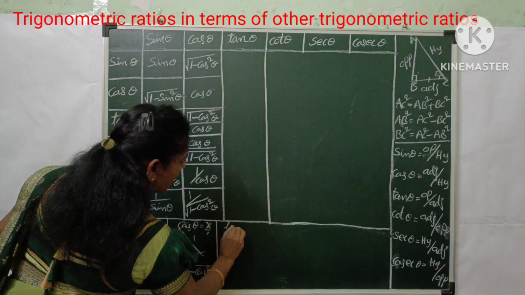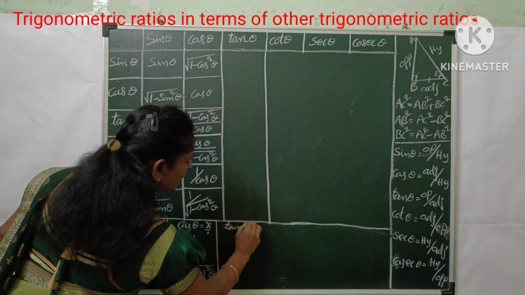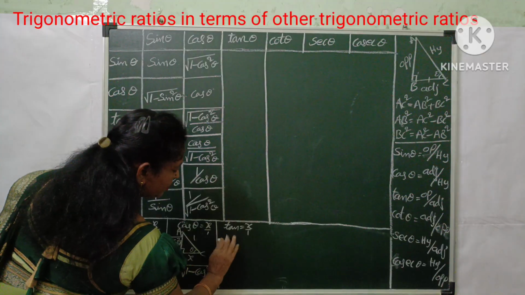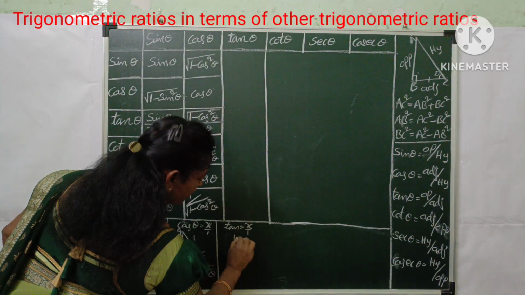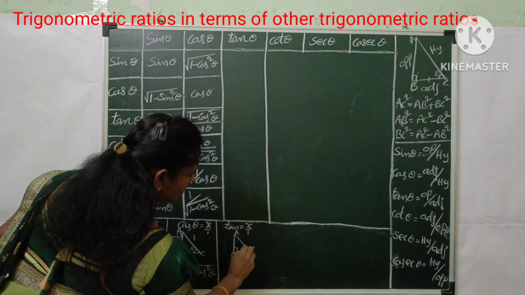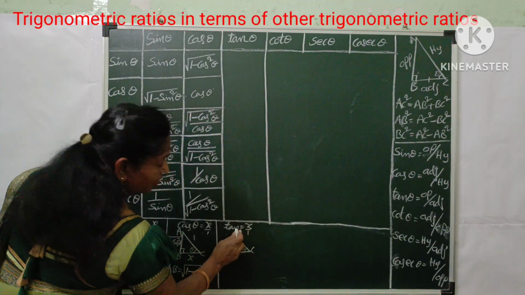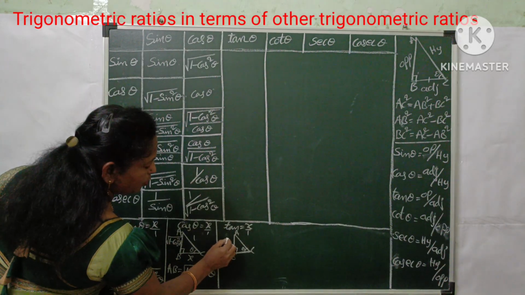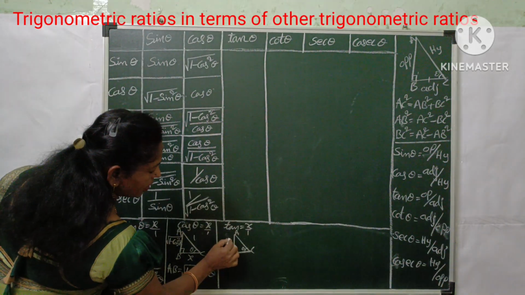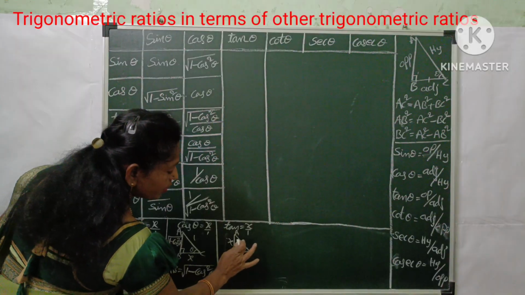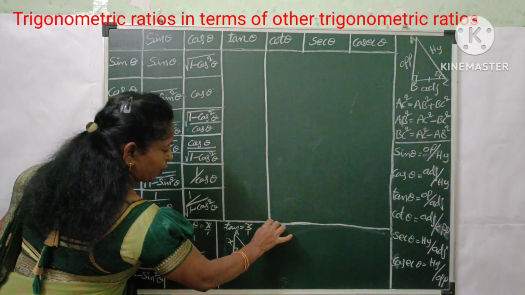See, tan theta we don't know, let it be x by 1. By the right angle triangle, here it is A, B, C, here theta. Tan theta ratio is opposite by adjacent. Here opposite side is this, so here it is x. Next adjacent is 1. What we need to find? Hypotenuse.